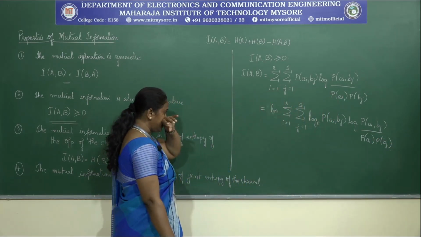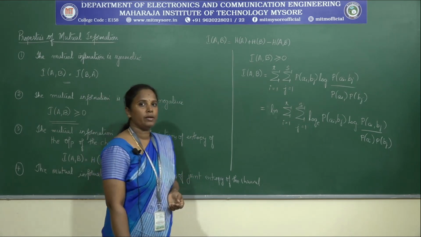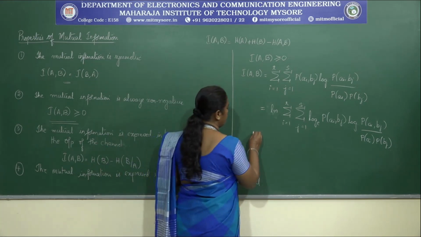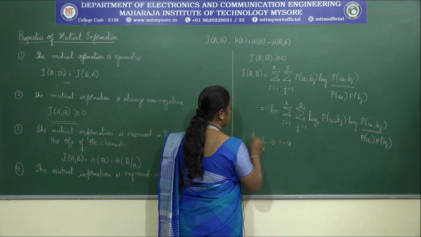Okay. Now, while proving the extremal property, we have the inequality that ln of 1 by x is greater than or equal to 1 minus x.